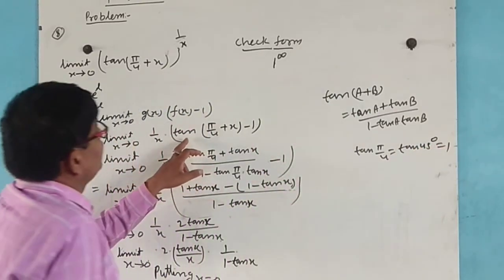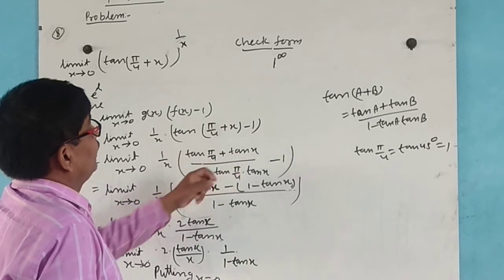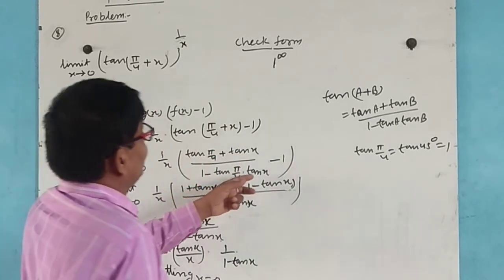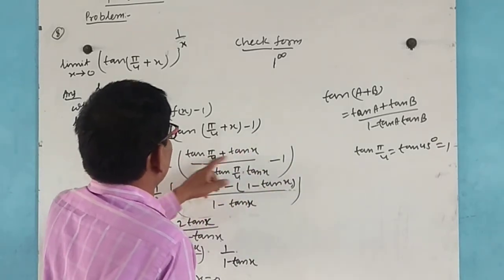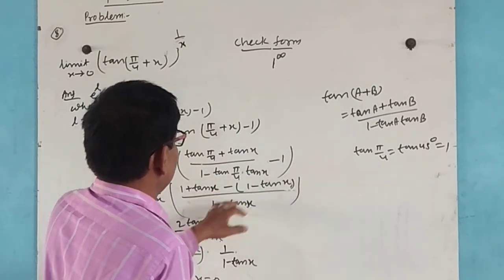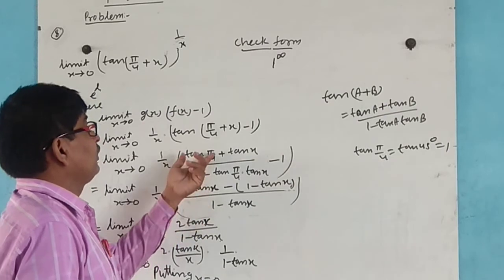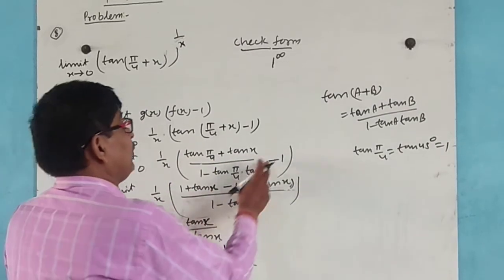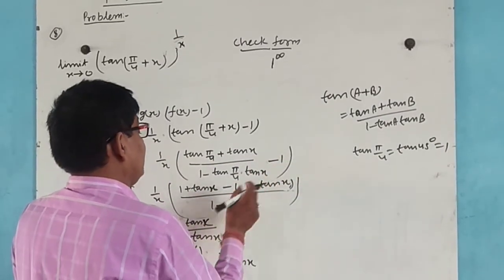So that is 1 plus tan x over 1 minus tan x, minus 1. We take the LCM, 1 minus tan x: 1 plus tan x minus 1 minus tan x.